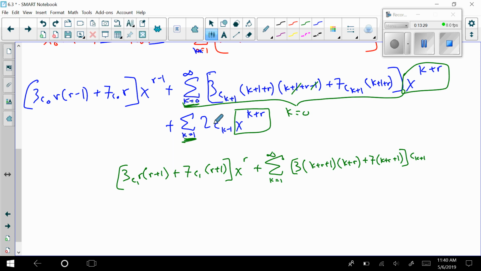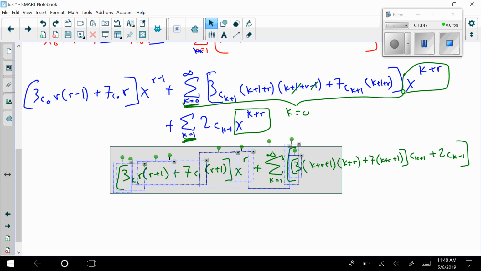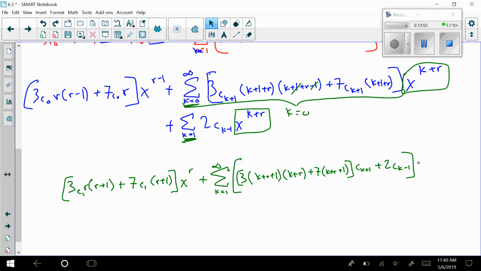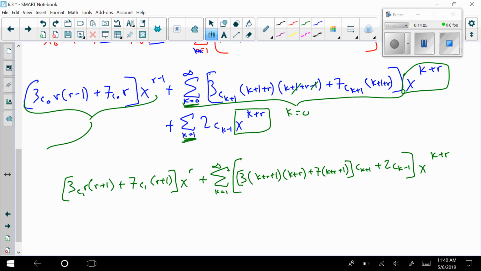Okay, and then this thing would just be added on, so then it's plus 2 c sub k minus 1, and then all of these now would have the x to the k plus r. This is great, fantastic stuff. Do not forget that this technically is down here and being added in too. Okay, and the whole thing is equal to 0, right?